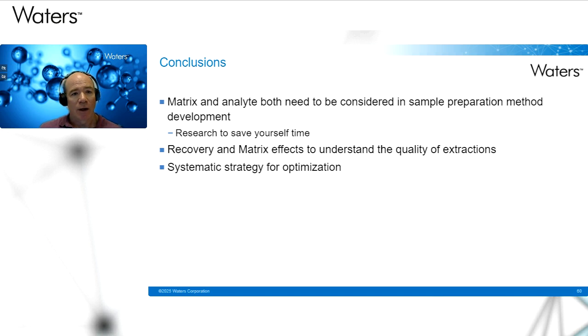We can use our recovery and matrix effects to fully understand the quality of our extractions. And again, we want to use a systematic strategy for optimization. Change things one at a time to fully understand where you need to be and where you need to go to get the best extraction possible.